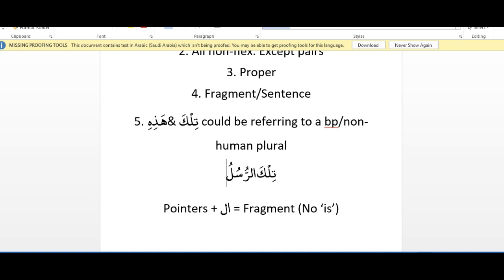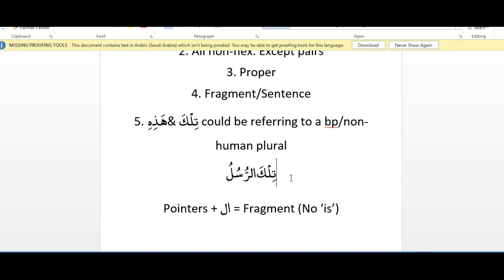So how does this apply over here? If ar-rusulu could be treated singular feminine, then that means we can actually also use the singular feminine version of the pointer as well. So tilka is singular, tilka is also feminine. So we can say tilka rusulu. Therefore the fragments of tilka and ar-rusulu match.